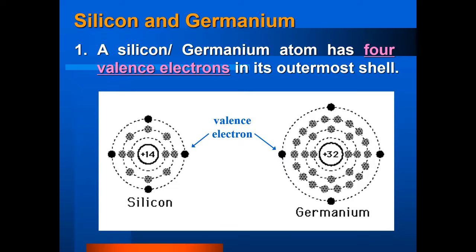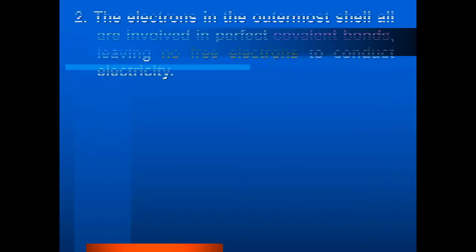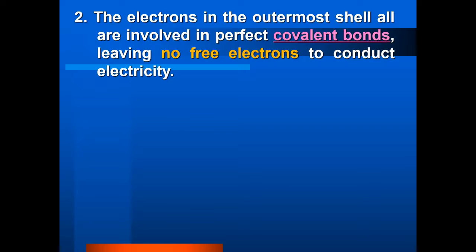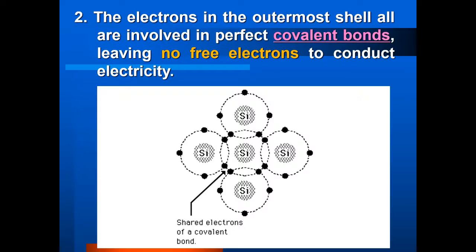This is what we call the valence electrons. So silicon has 4 valence electrons, and germanium also has 4 valence electrons. The electrons in the outermost shell are all involved in perfect covalent bonds, leaving no free electron to conduct electricity. So in this case, it is an insulator.